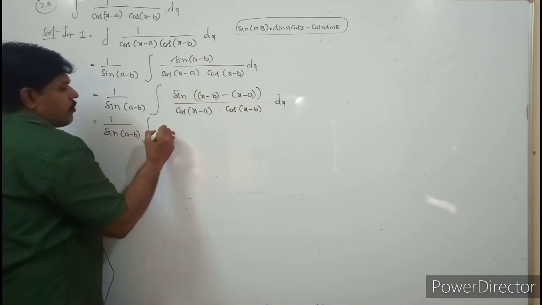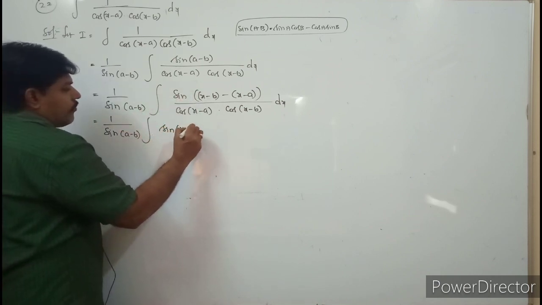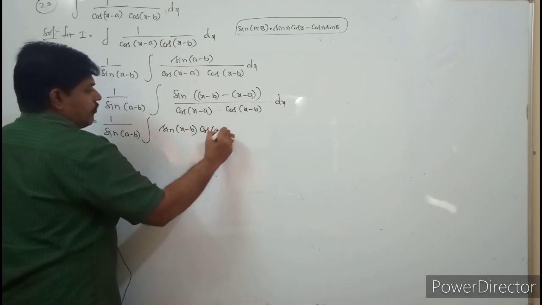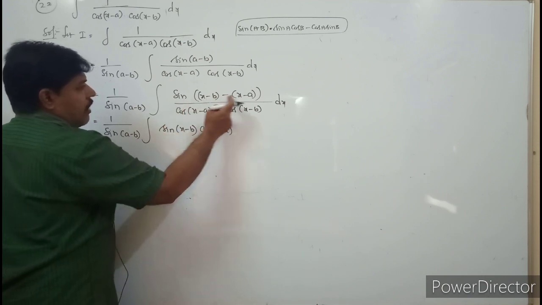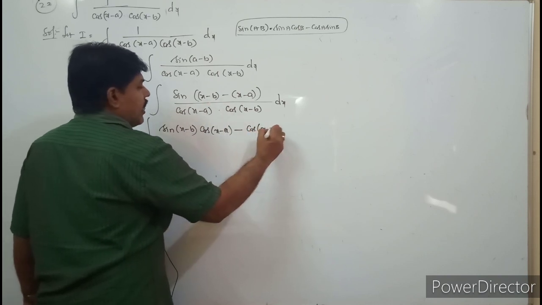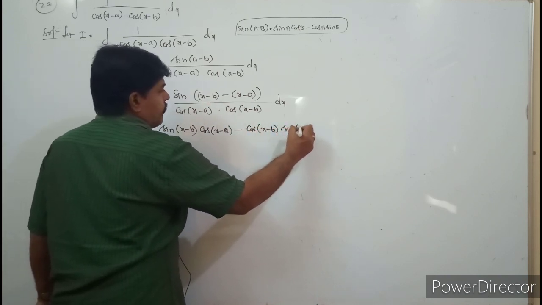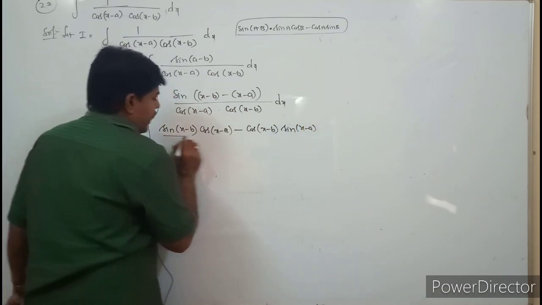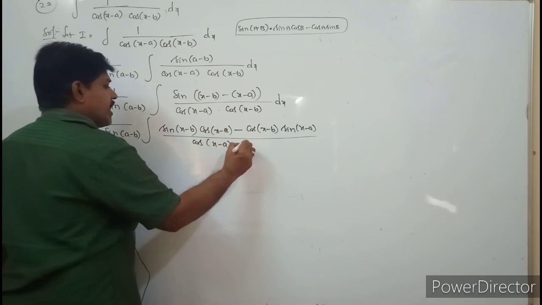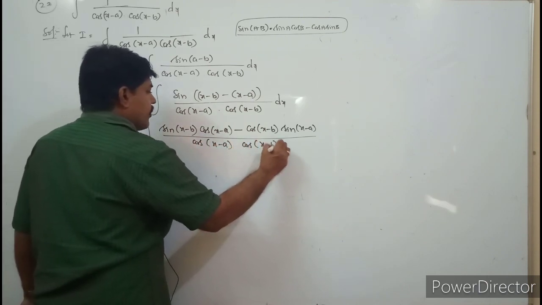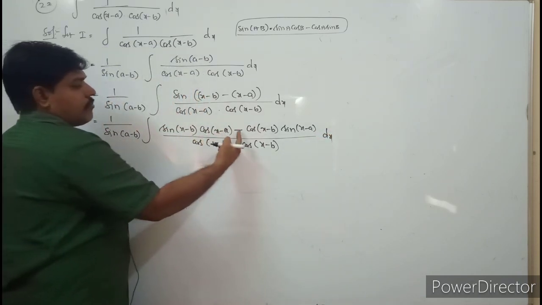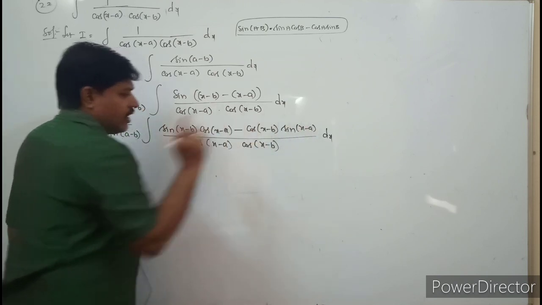Sin of a minus b formula is sin a cos b minus cos a sin b, whole by cos of x minus a into cos of x minus b into dx.